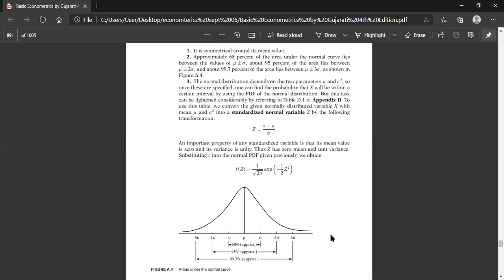Give me another variable which is normally distributed. Time. Time of what? Time, or else distance. Distance from where? Sorry, Professor, I didn't get you.